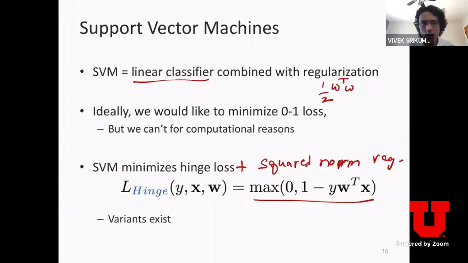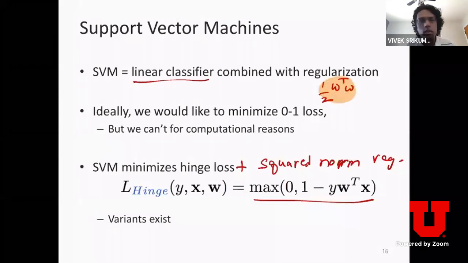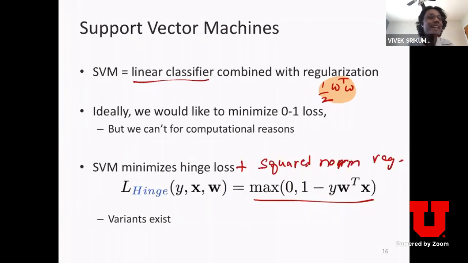If you change the hinge loss to something else, you get a different learning algorithm. If you change the regularizer, you have other kinds of regularizers. You just name it. For example, the L1 regularization gives you the L1 SVM and so on. So once again, so far we have seen nothing new. It's just a different perspective on the same idea.